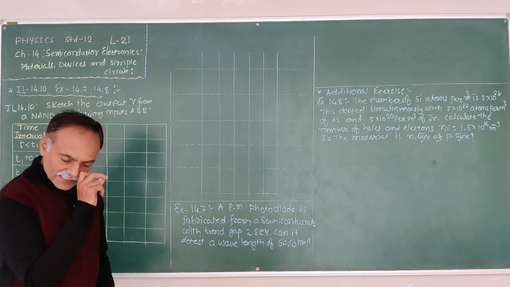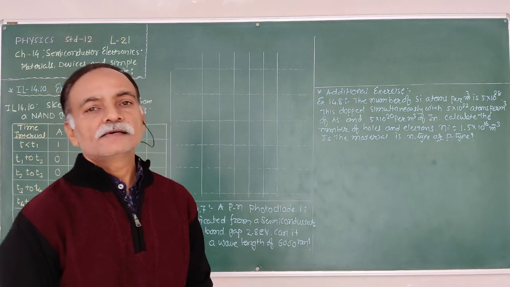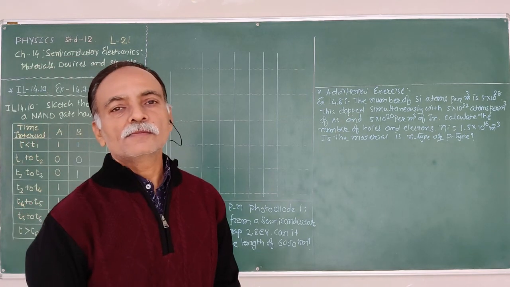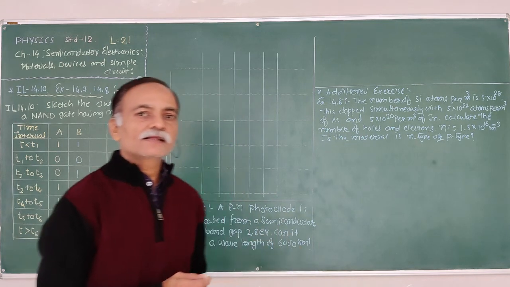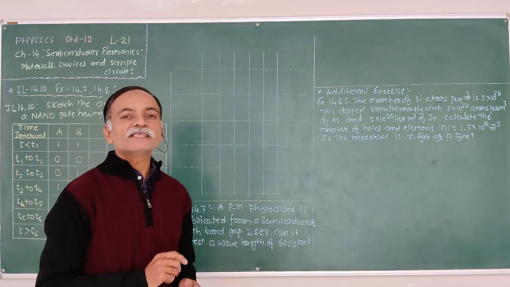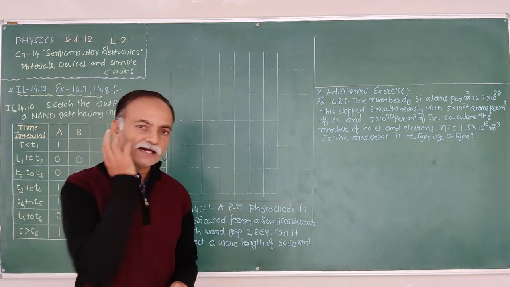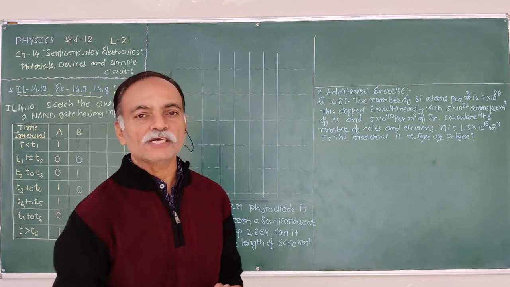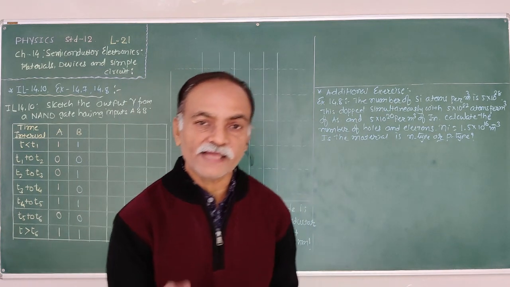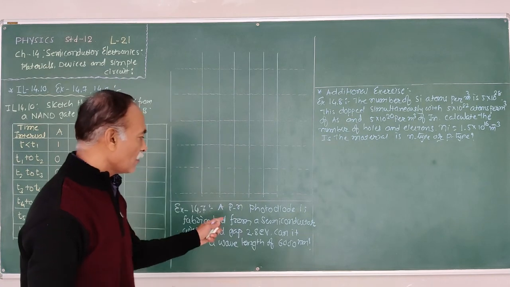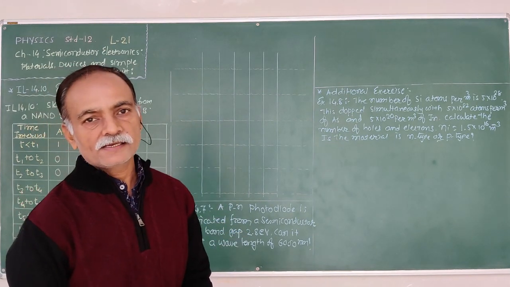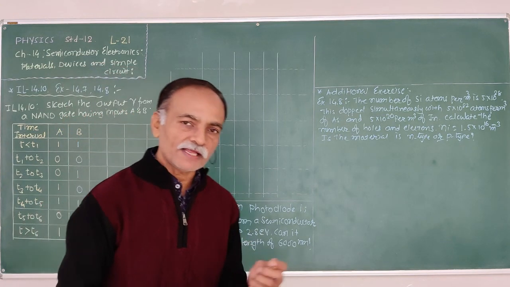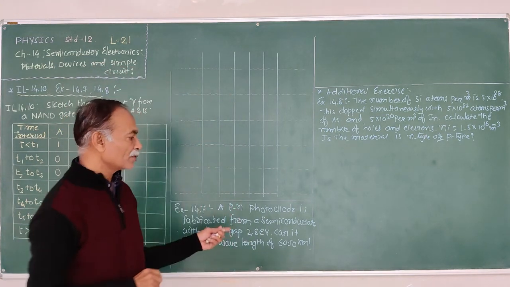So already we discussed in the theory portion that the photodetector or photodiode is used to detect the wavelength of incident light. If the energy corresponding to the wavelength is greater than the band gap energy of the semiconductor from which the photodiode is prepared, at that time this wavelength can be detected by the given photodiode.